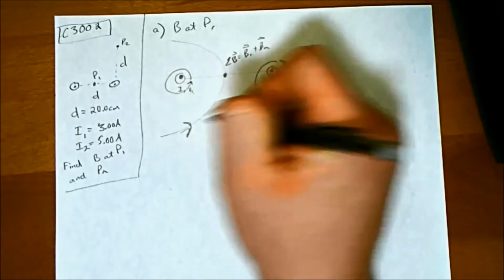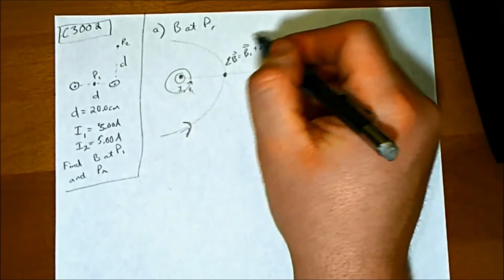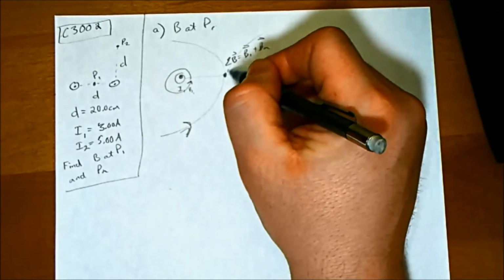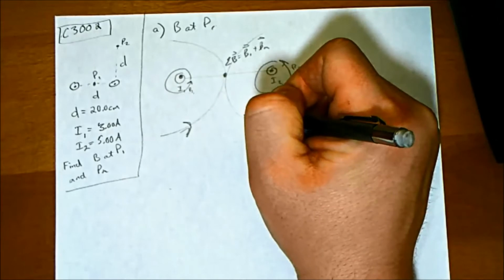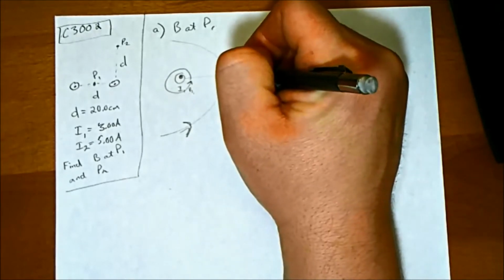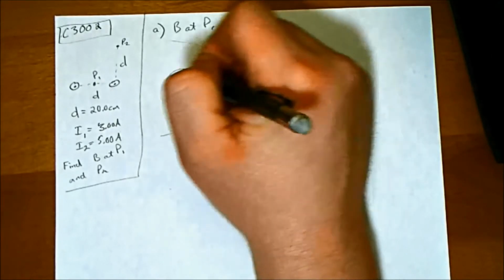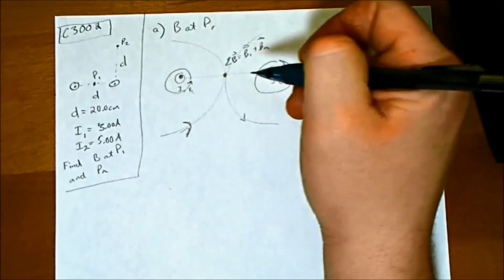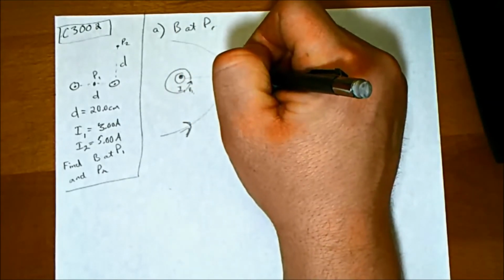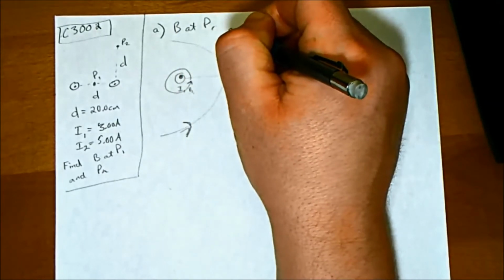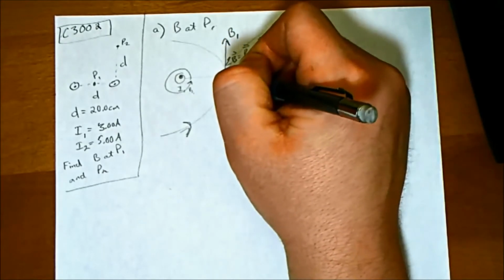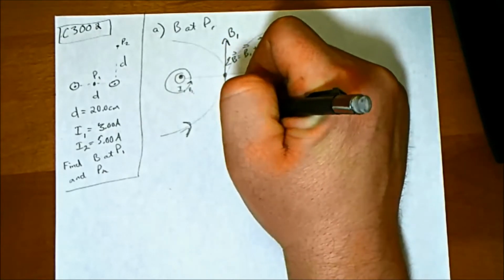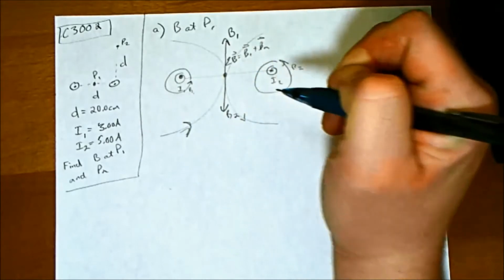It will still be circulating counterclockwise, and likewise on the other side, still going counterclockwise, but the difference is because of where you are in relation to the wires, the field from the first wire will be pointing straight up, and the field from the second wire will be pointing straight down at that position.